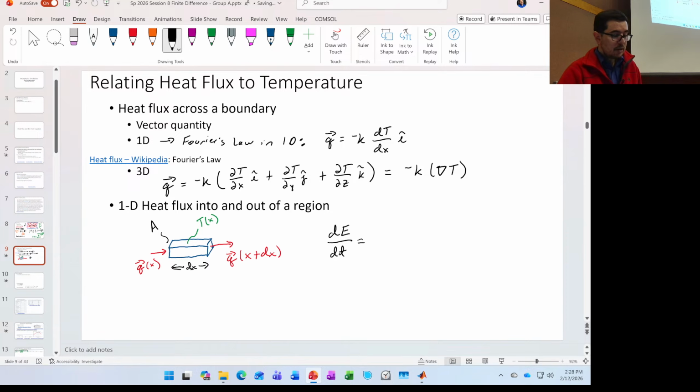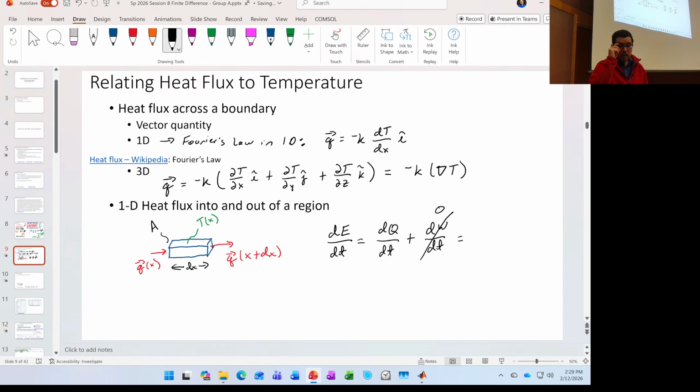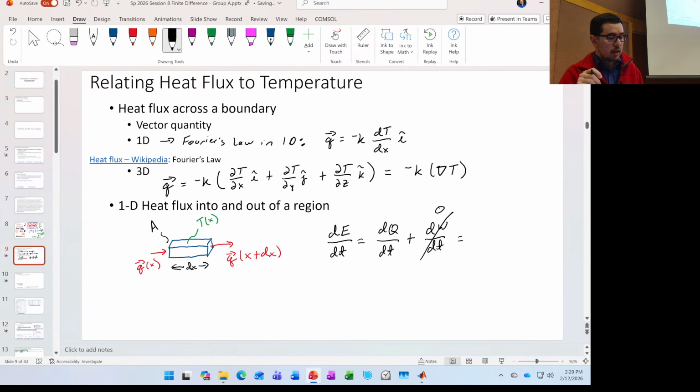In thermodynamics, which you are taking, you can think of this as some sum of the heat into the system and the mechanical work on the system. In this case there's no mechanical work, so that goes to 0. And yes, there's a heat flux there, the dq.